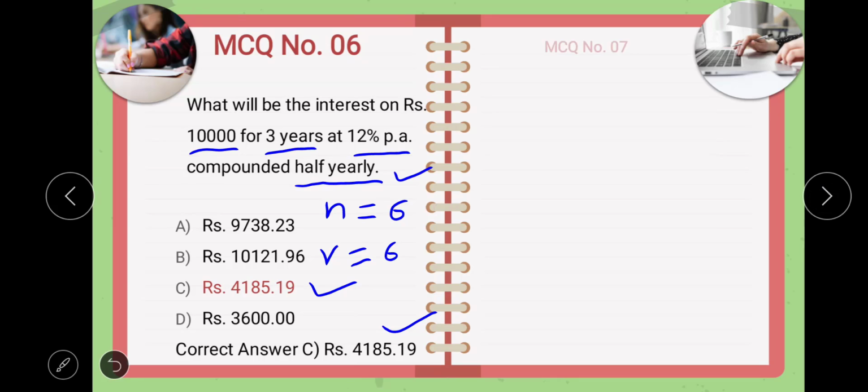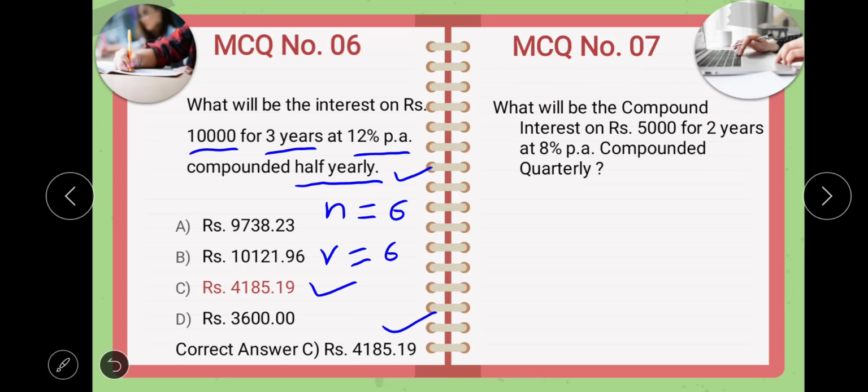Then multiple choice question number 7. Again the same question, but here the compound interest is charged compounded quarterly. What will be the compound interest on rupees 5,000 for 2 years at 8% per annum compounded quarterly?